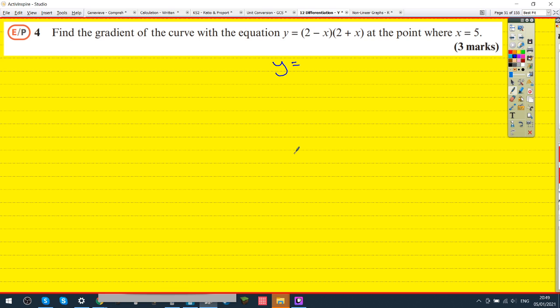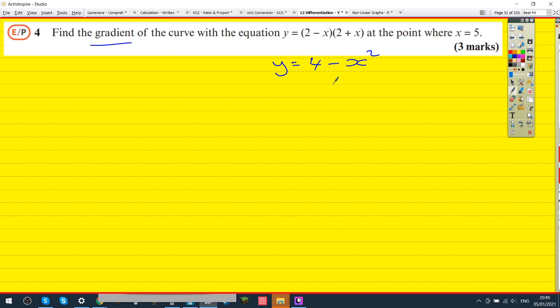So it'll be 4 minus x squared. No, you're right. It is exactly 4 minus x squared. And then can you substitute 5 in? No. That'll give you the y coordinate. We want the gradient. So this is what y equals.